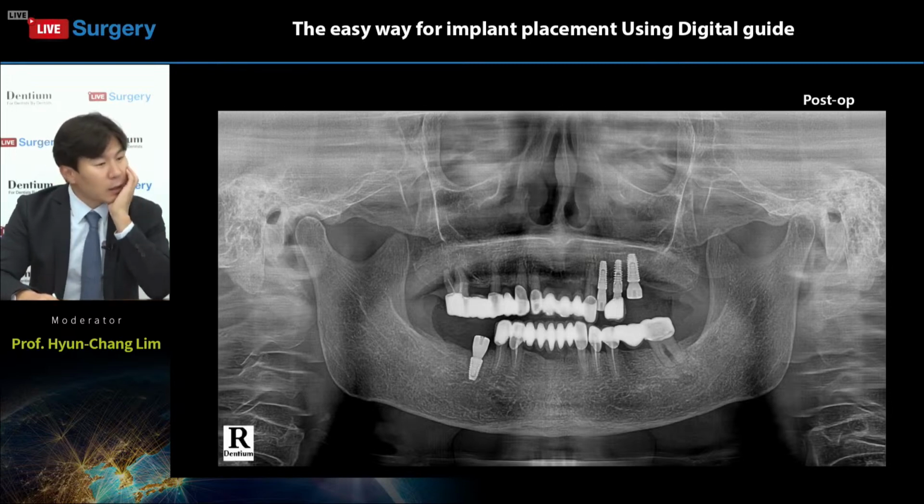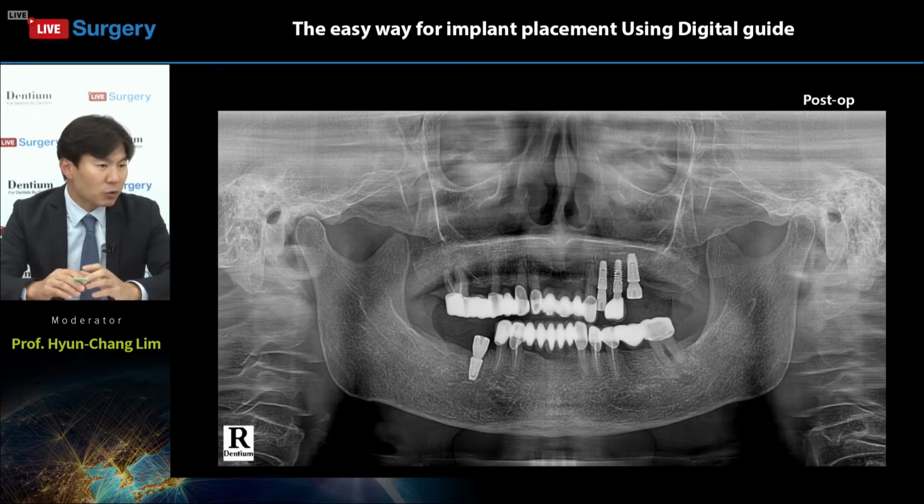In general, I prefer it's better to make the implant platform even or parallel, but considering the age of the patient, reduce the chair time or minimal trauma were more important. So that's why he placed implant subcrestally with minimal invasiveness.